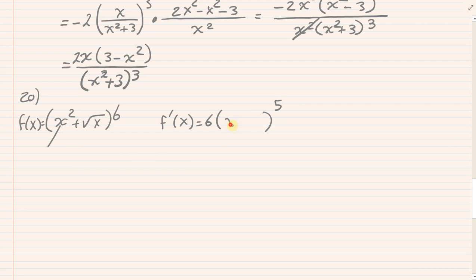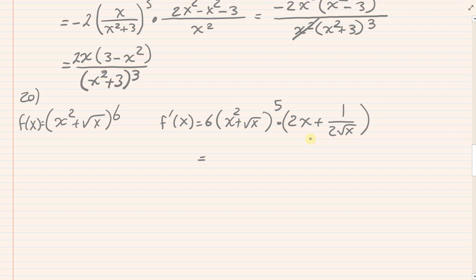Well, let me put this before I forget it. Now times, here's where the chain rule comes in, times 2x plus the derivative of square root of x, which is 1 over 2 root x. We've done that many times. You can verify it. We did it earlier, in fact, in the lectures too. And let's see what's going to happen to this one.